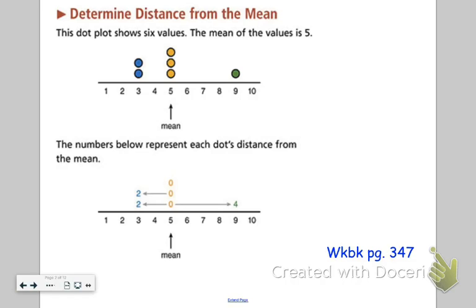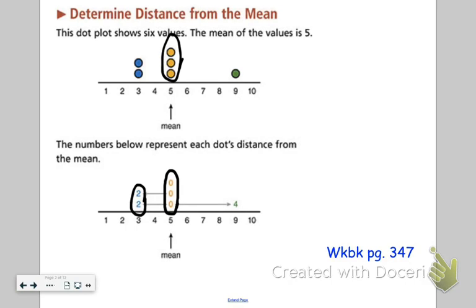Well, knowing that, the numbers below are going to represent each dot's distance from the mean. So, for example, the 3's here, they are 2 spaces away from the mean, which is 5. The numbers that are here are 0 spaces away from the mean because they are 5.